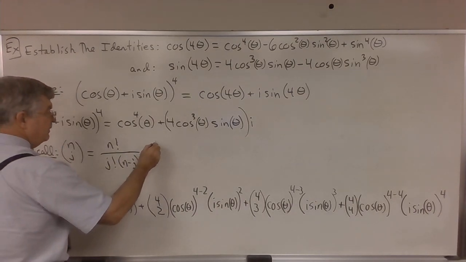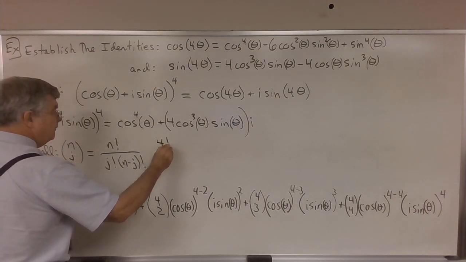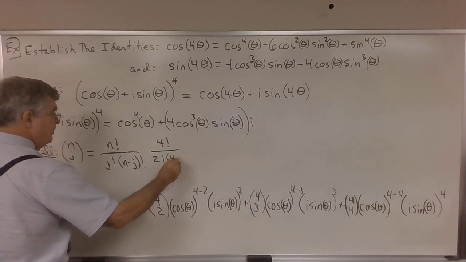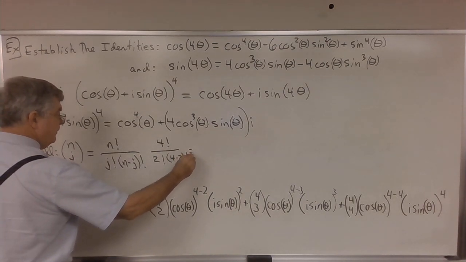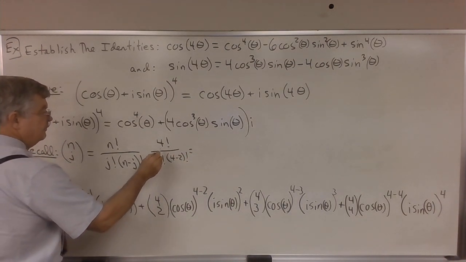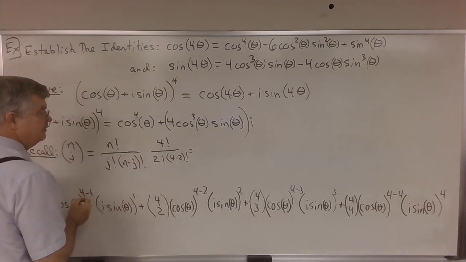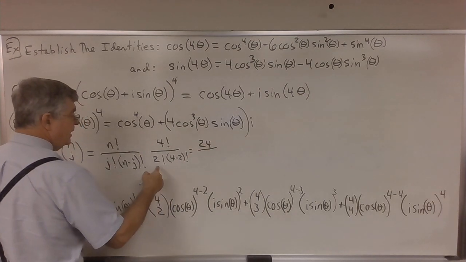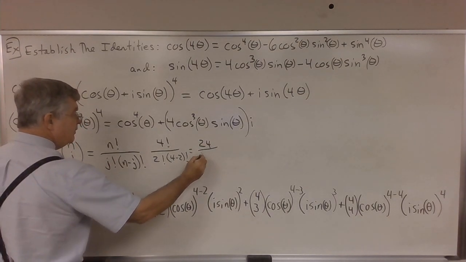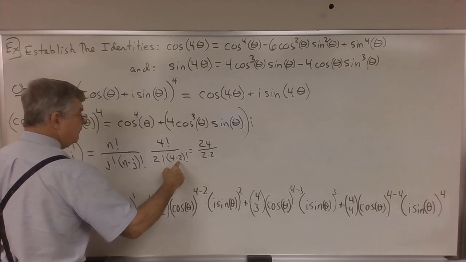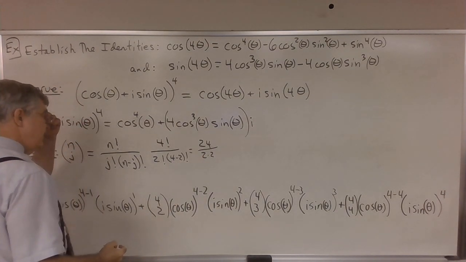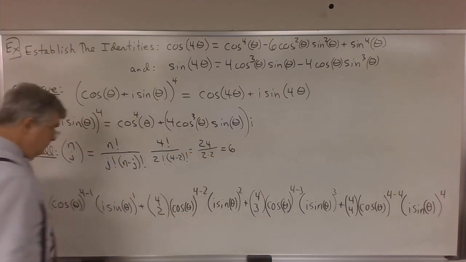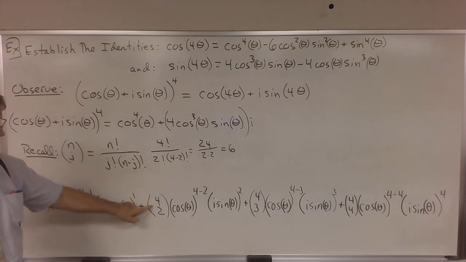Now that may take some computation. 4 factorial over 2 factorial times 4 minus 2 factorial. See, 4 times 3 times 2 times 1, that's 24, isn't it? And 2 factorial is 2, and 2 factorial is 2. So 24 divided by 4 equals 6. So this thing is 6.